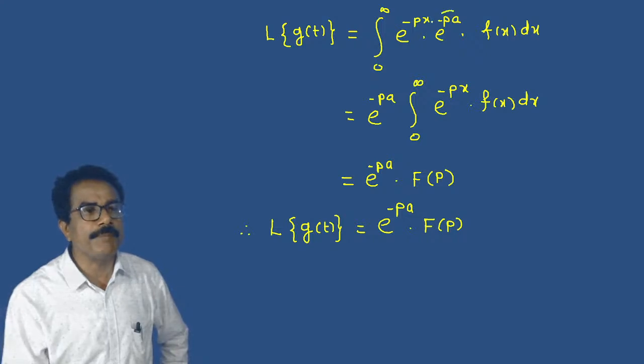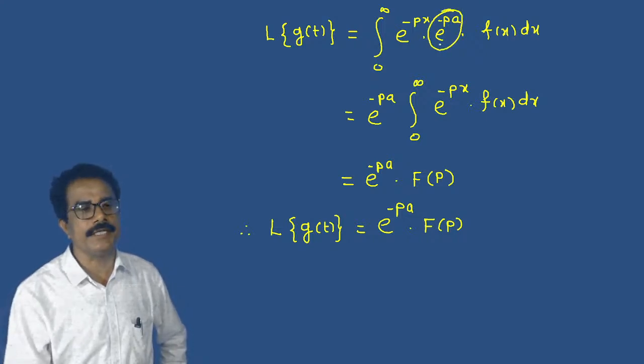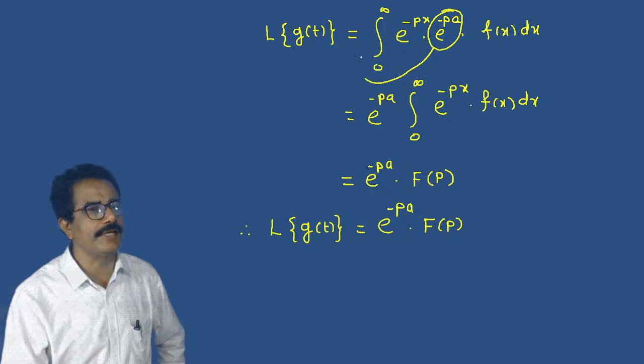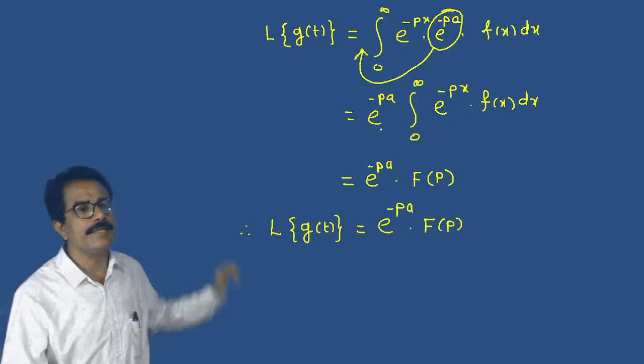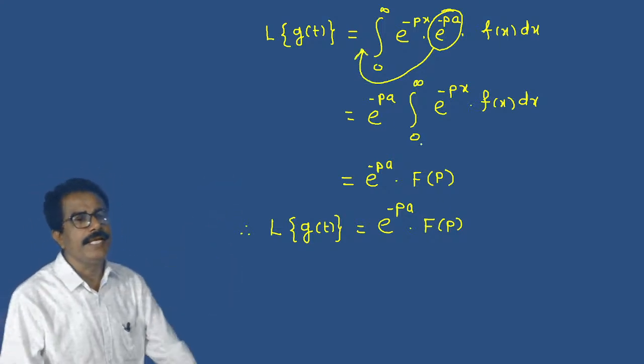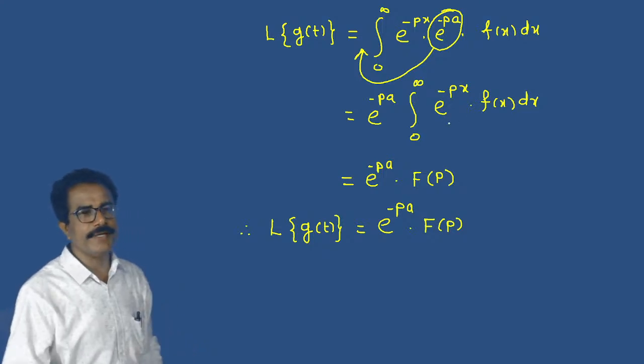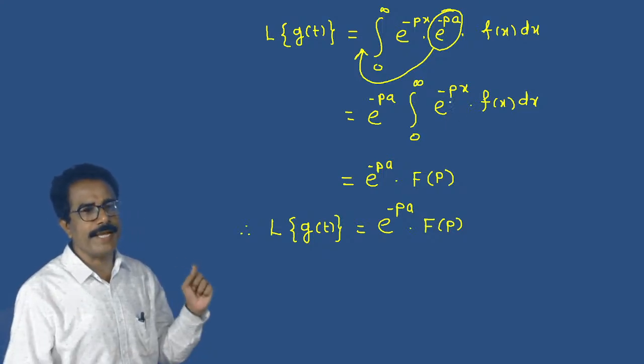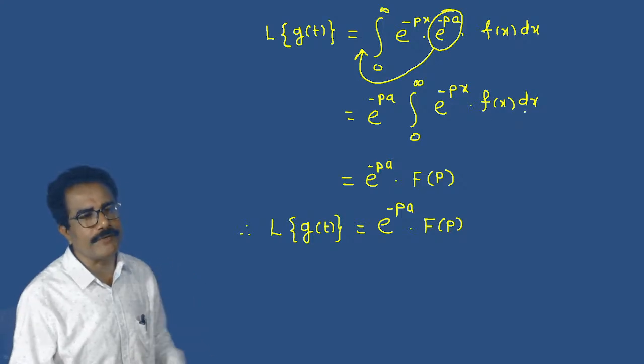Now this is a purely constant coefficient, so we can take it out of the integral. That means we will get e raised to minus pa times the integral from 0 to infinity of e raised to minus px into f of x dx.